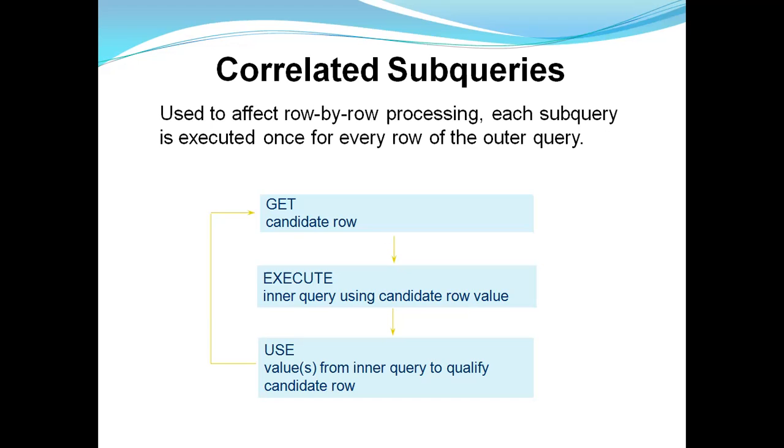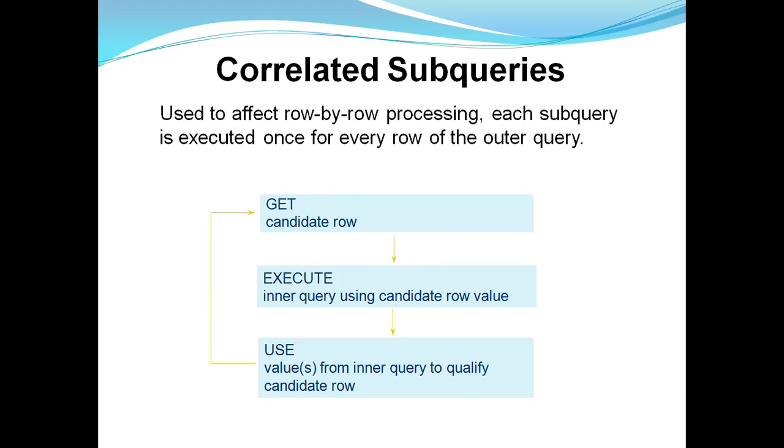But in a correlated subquery, it executes for each available row of the outer query. So this is a simple thing I have tried to make here to understand better how it works. It gets the candidate row. What do you mean by the candidate row?